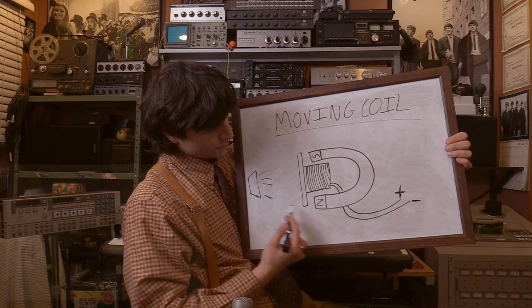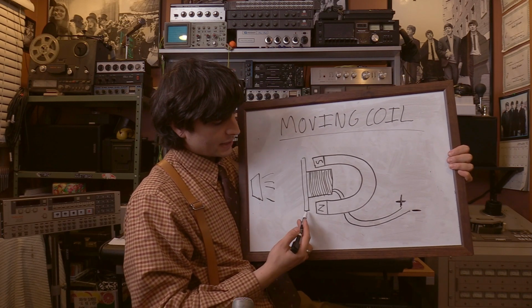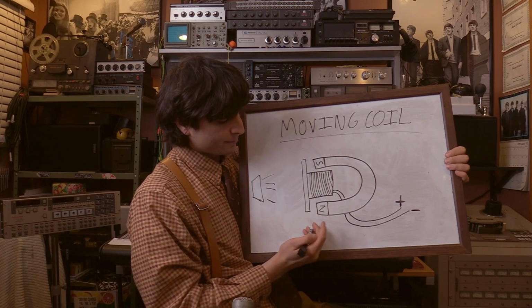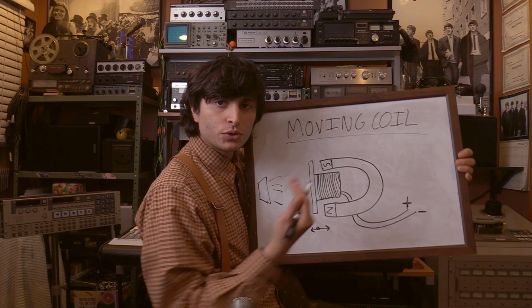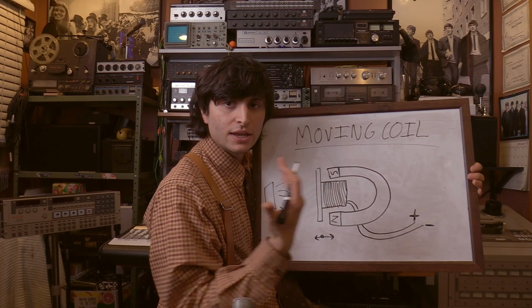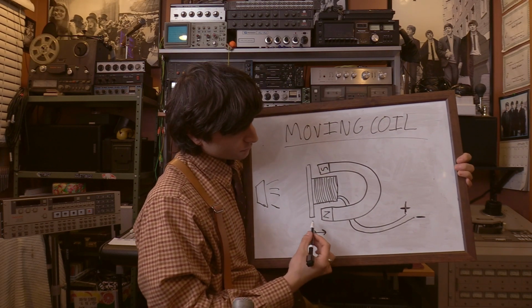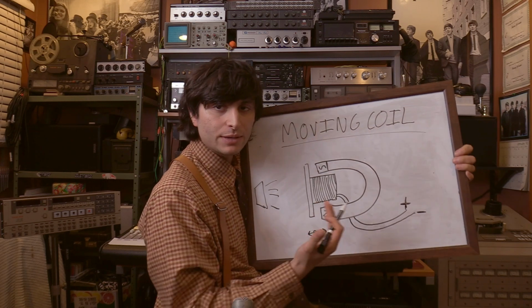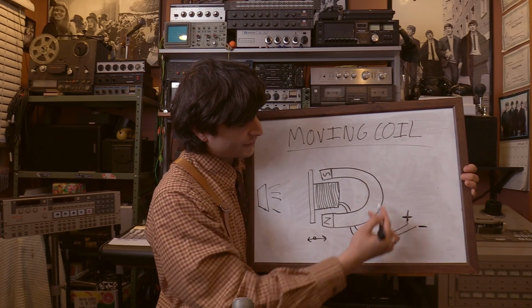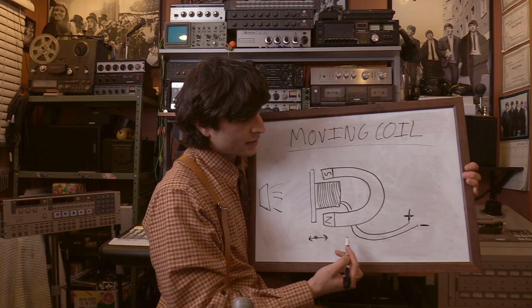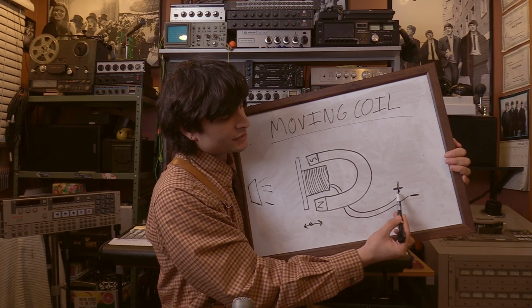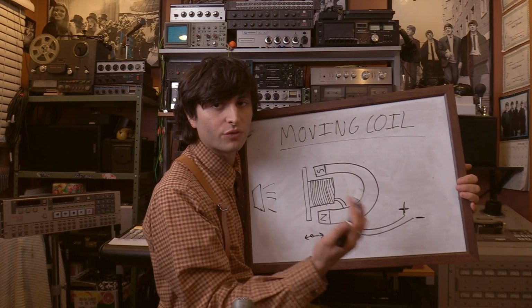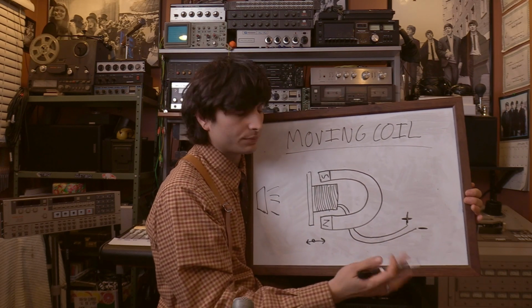Now, when this sound source here is hitting this diaphragm, it is going to be moving it back and forth due to the pressure variations in the air. And when this coil is being moved through this magnetic field created by this magnet, it is going to create voltage differences in this microphone. And we're going to be seeing this in the form of an AC signal.